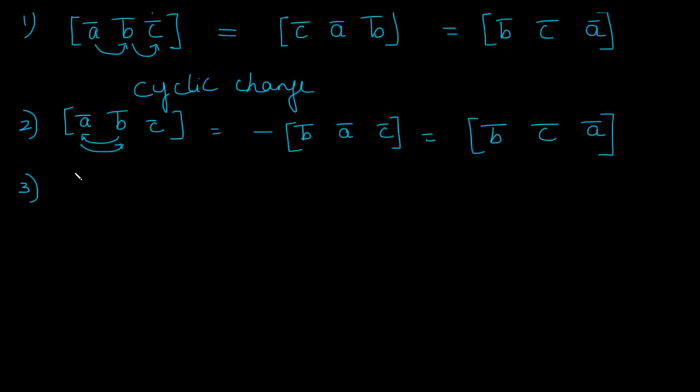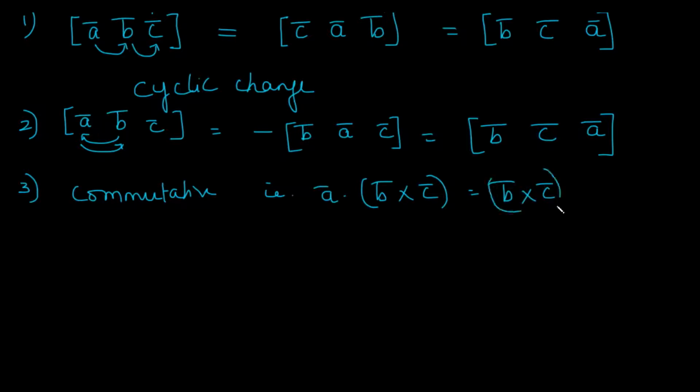The next property is that the scalar triple product is commutative in nature. That means if we have A dot B cross C, then it is the same as B cross C dot A. Common sense tells us this because actually this is a dot product of two vectors, and so the dot product is commutative, this much we know.